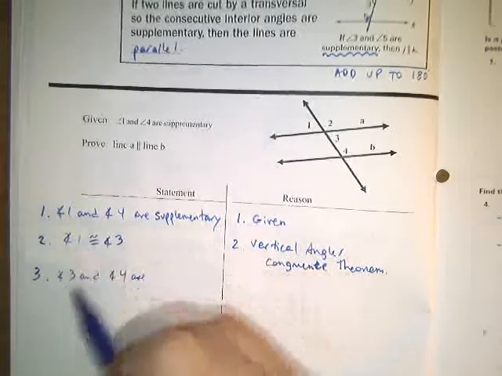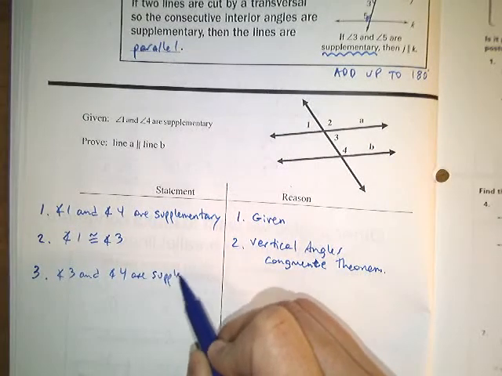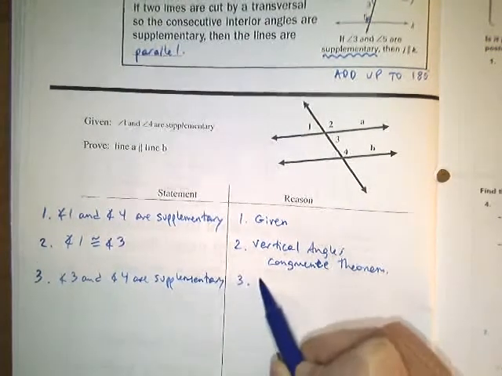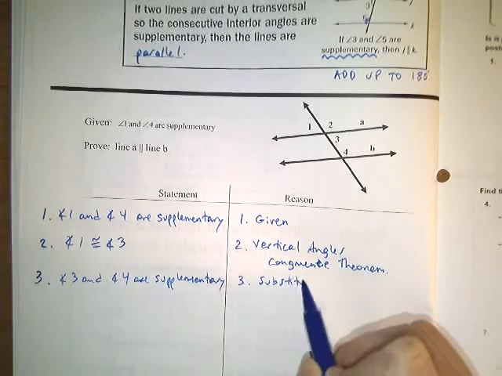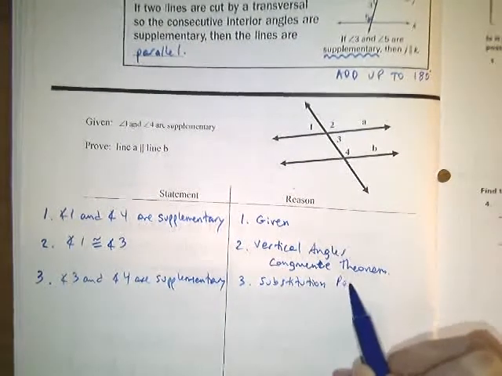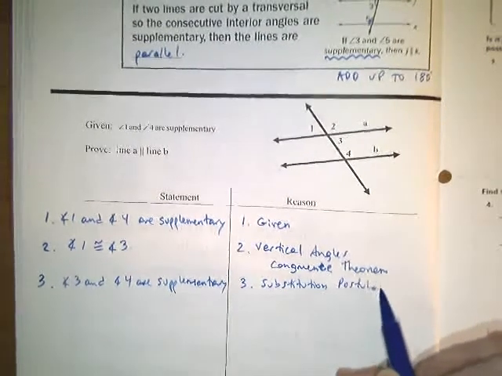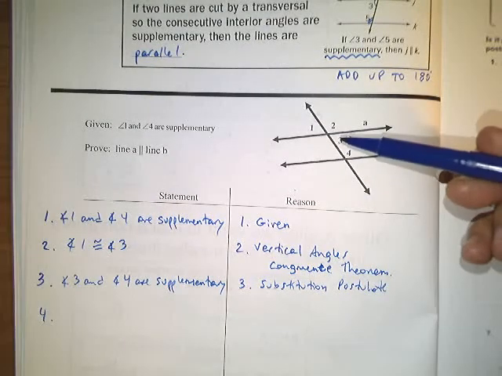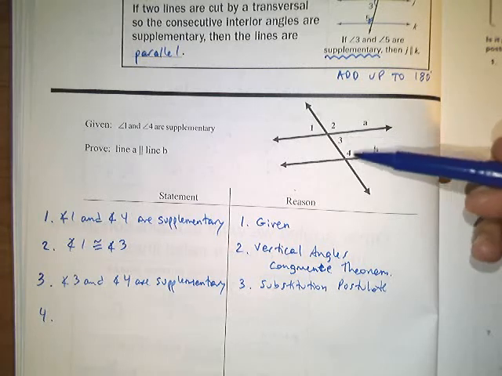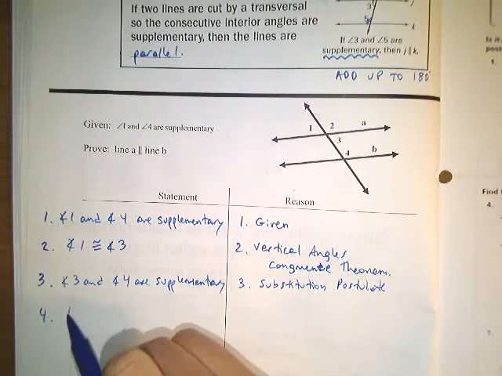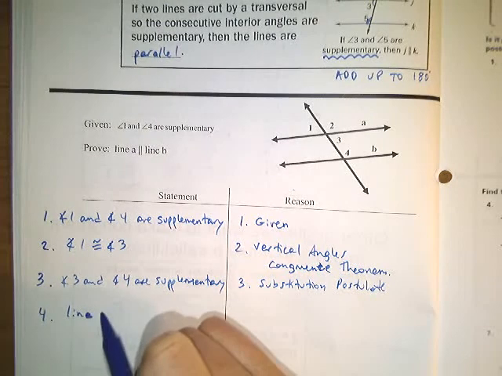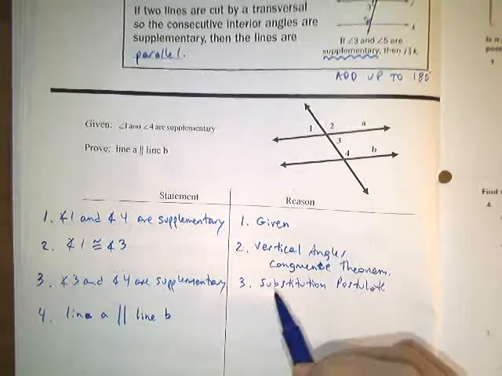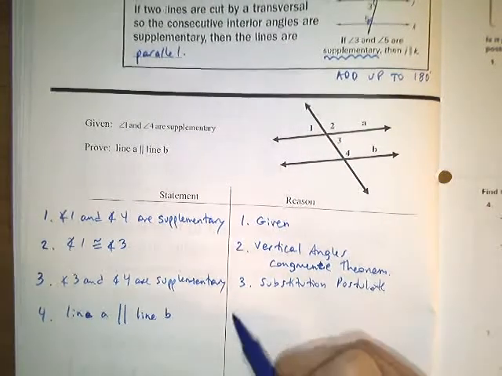I'm just rewriting the original statement with a substitution. And then finally, because angles 3 and 4 are supplementary, and I know that they are a consecutive interior pair, line A must be parallel to line B because of this theorem up here. It's called the consecutive interior angle converse.